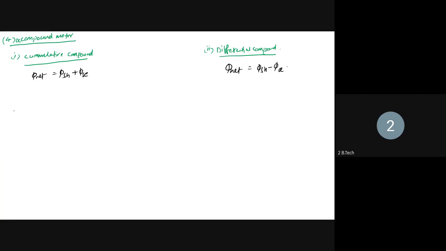So in this we'll have two connections. One is the long shunt connection. In long shunt connection, we'll have the series field winding, armature resistance, armature, to which we'll connect the supply.